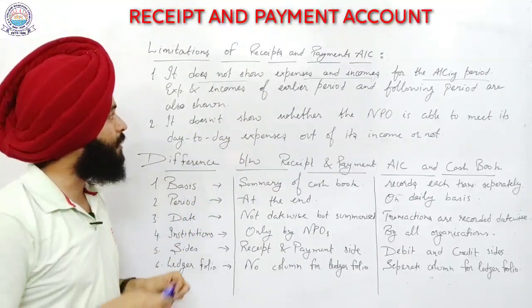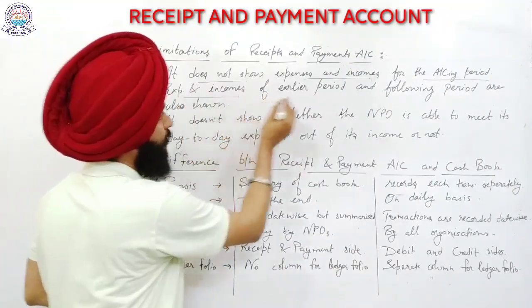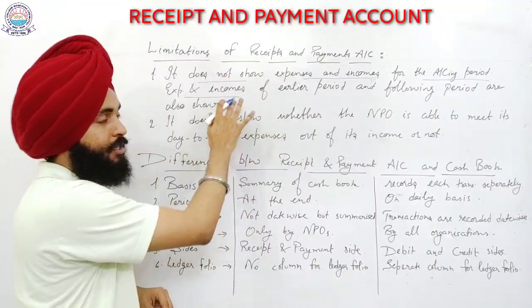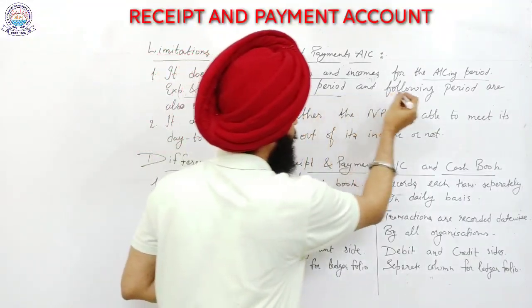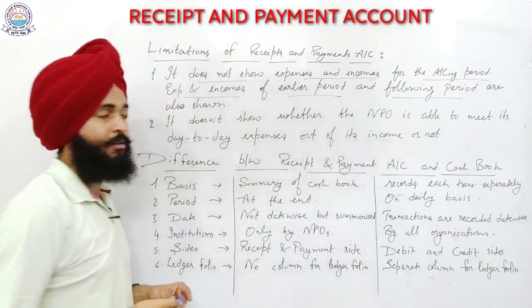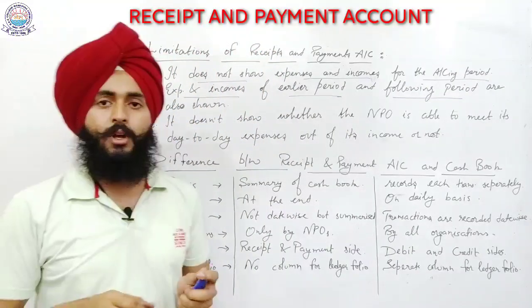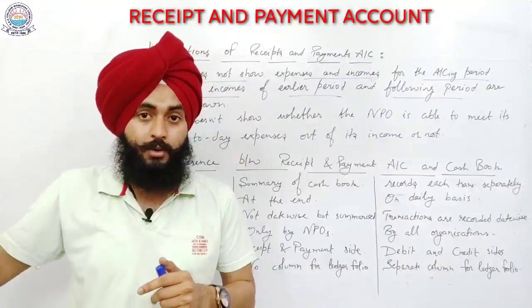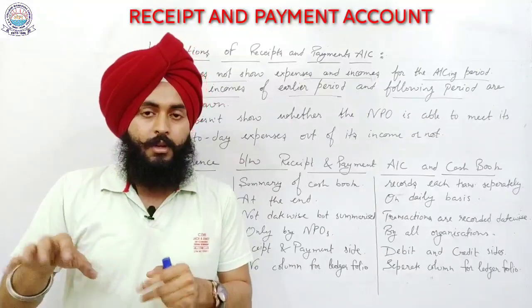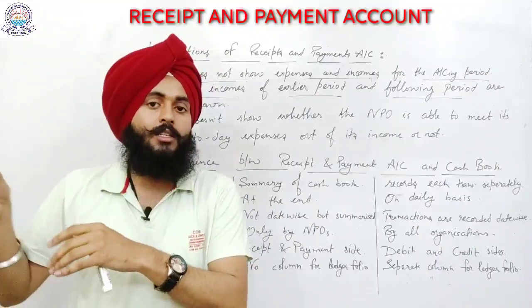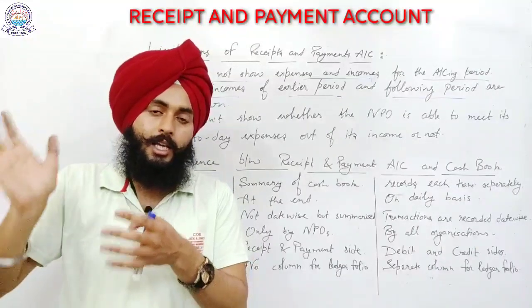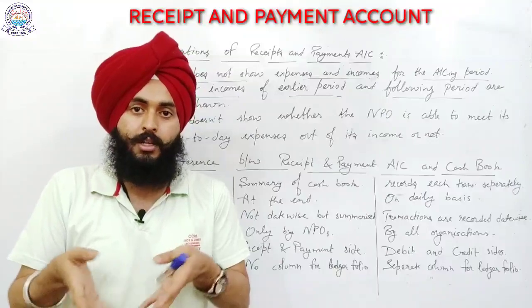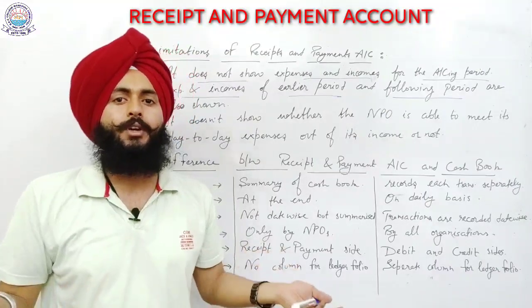The main problem is this one, because it shows expenses and incomes for the earlier period as well as the following period. I told you that if someone's income from last year, like a subscription, was left unpaid and he gave that amount in the current period, we just record it.